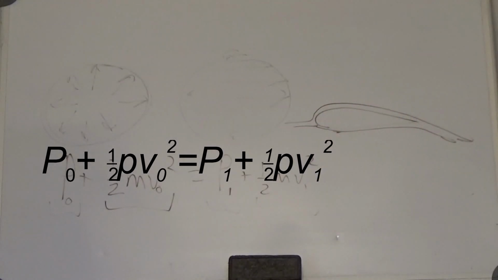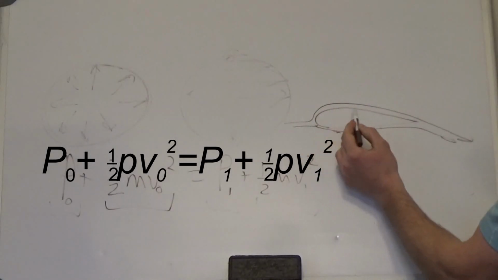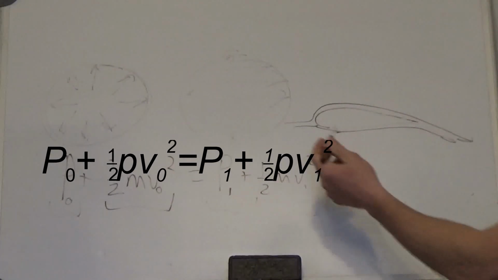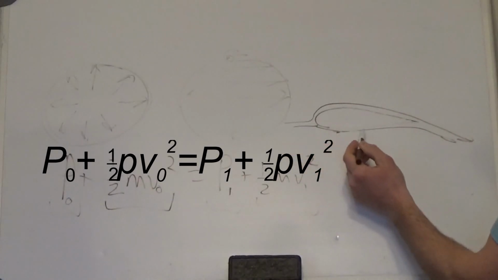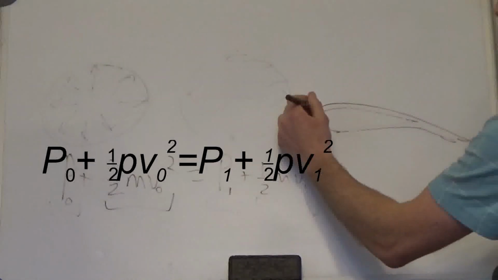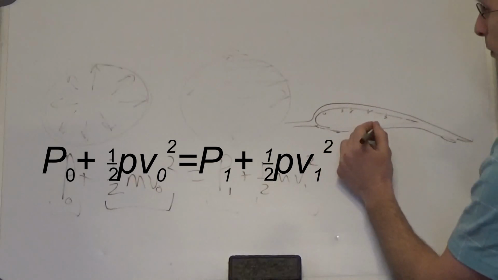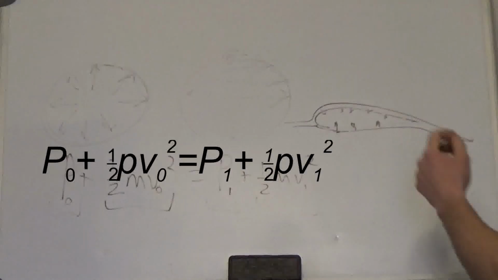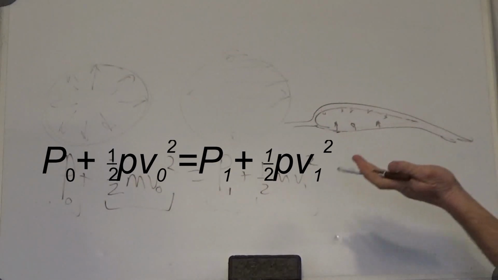Well, if it's moving faster, fewer of the molecules are hitting the top of this wing, making it a lower pressure, lower than the pressure the molecules on the bottom provide. So with that difference in pressure, you have a small amount of pressure on top, but a slightly larger amount of pressure on the bottom. So the net pressure, when you have air going over that wing, makes it go upward.